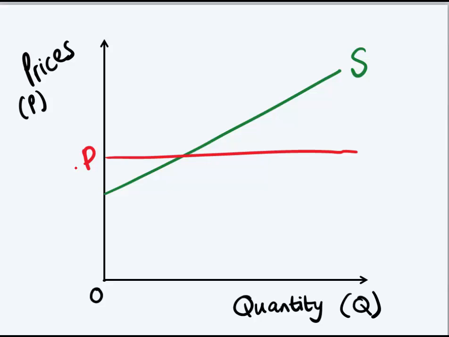They don't have a choice on the price of their product. So even if they produce 1 unit of crops, they still get the market price. Let's call it PM, the market price. Even if they produce 1,000 units of crops, they still get the market price for every single unit. Now, the total market has a downward sloping demand curve, but the single firm in that market only has a horizontal demand curve.